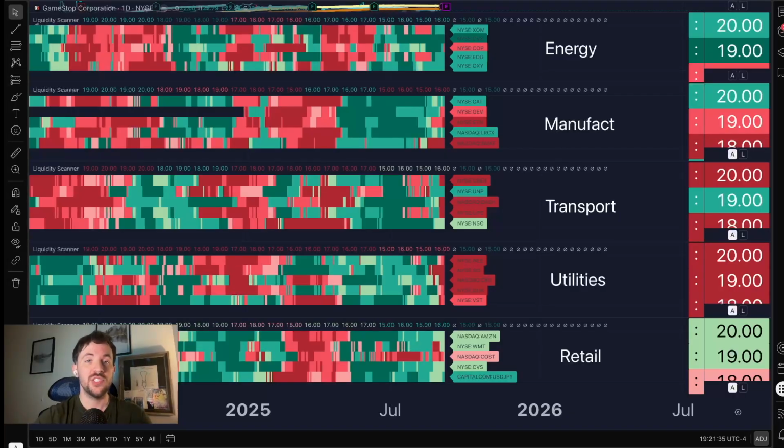I like this view because, again, just as a reminder, you can add multiple to a chart. Although, caveat, I think you have to have the paid version of TradingView. But honestly, I'm not sponsored, TradingView is actually a pretty cool program. They did a good job. So I recommend at least checking it out.